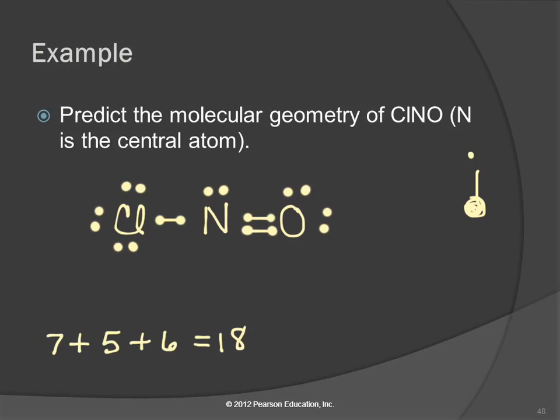So here's my lone pair, and here's my double bond, and here's my single bond. 3 things are going to make a triangle. They're going to spread out and make a triangle. That's the electron geometry. The shape of the molecule, though, we make that lone pair disappear, and what do we have left? It's bent. Any questions?